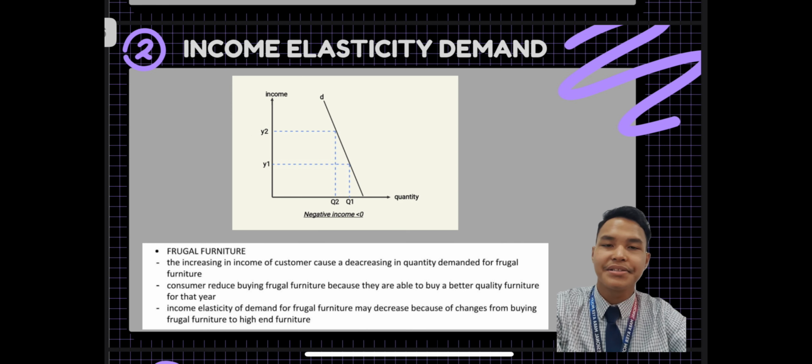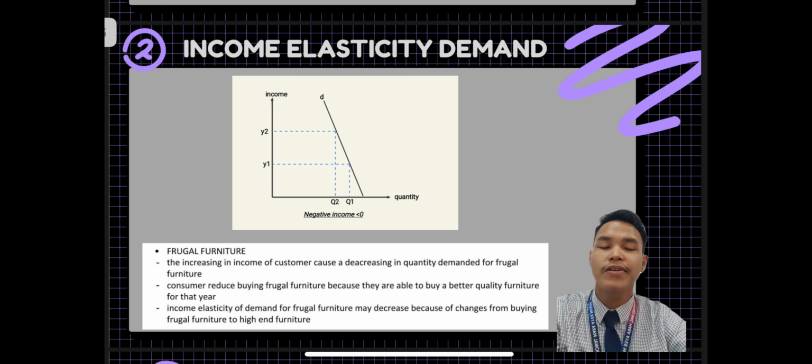This is the answer. For the situation of frugal furniture, the increase in income of customers causes a decrease in quantity demanded for frugal furniture, as in the graph from quantity 1 to quantity 2. Consumers will reduce buying frugal furniture because they are able to buy better quality furniture that year.